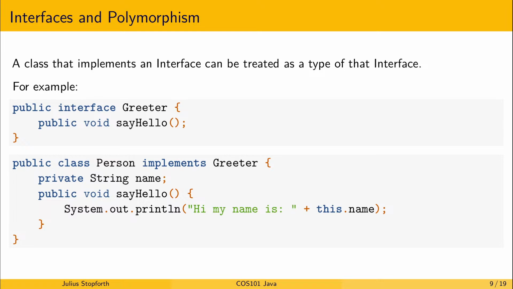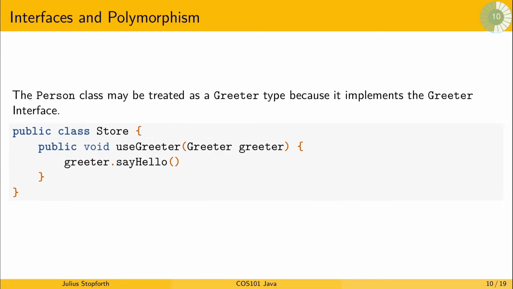If you have a store, you can say use a greeter. The person class implements the greeter interface, so the store says, okay, let's use a greeter. If this greeter is a person, that's fine because they say hello. If this greeter is a video robot, that's fine as long as they implement the interface.